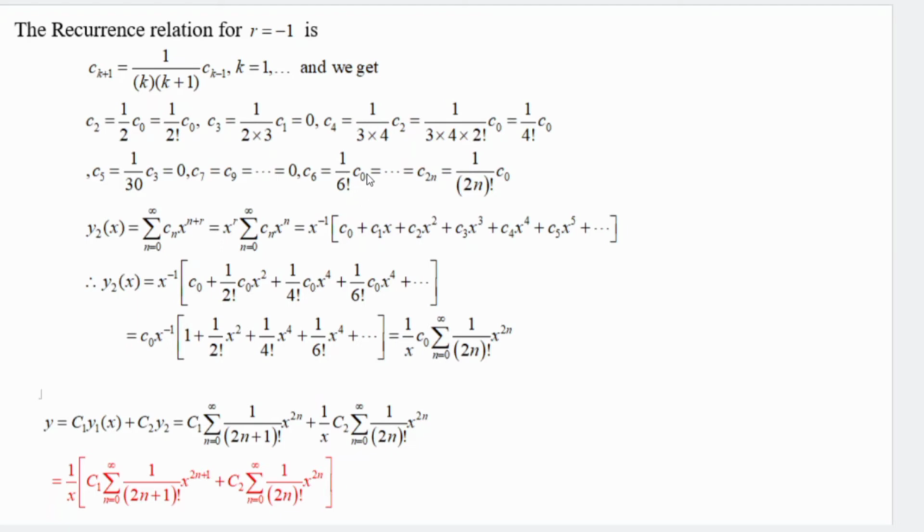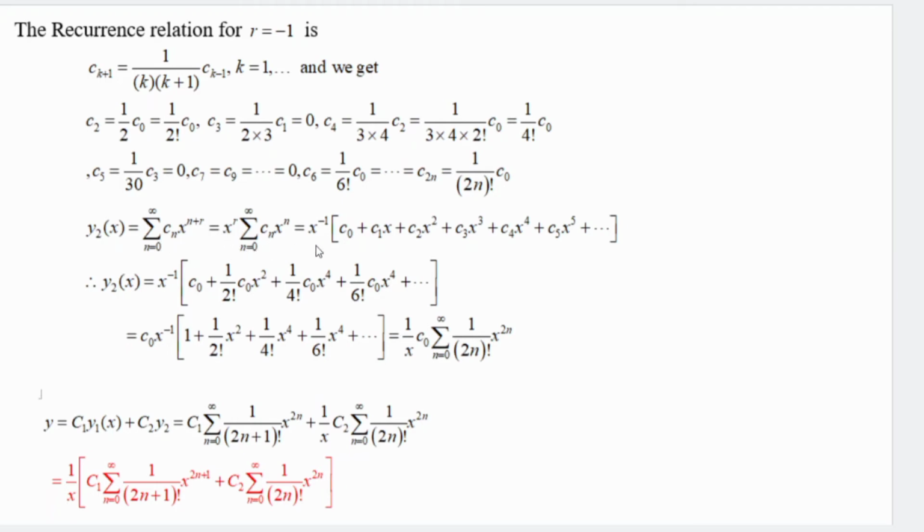So that means all the odd coefficients are 0, and the even coefficients we get in terms of c0. So finally our second series solution looks like this.